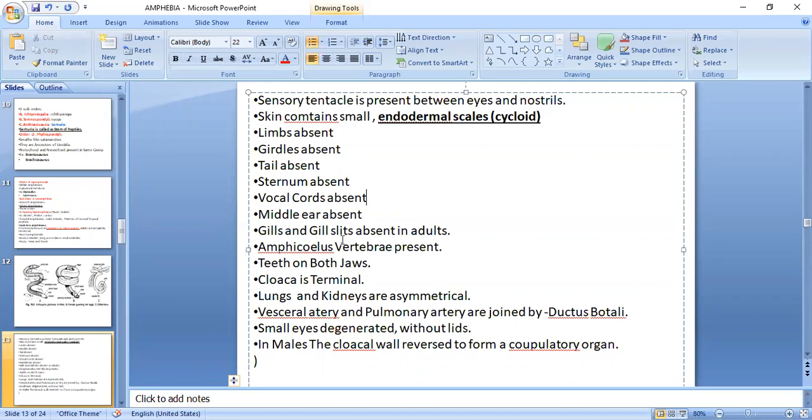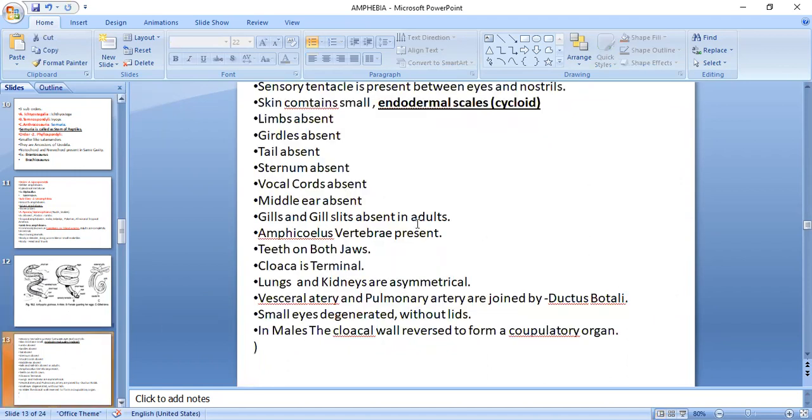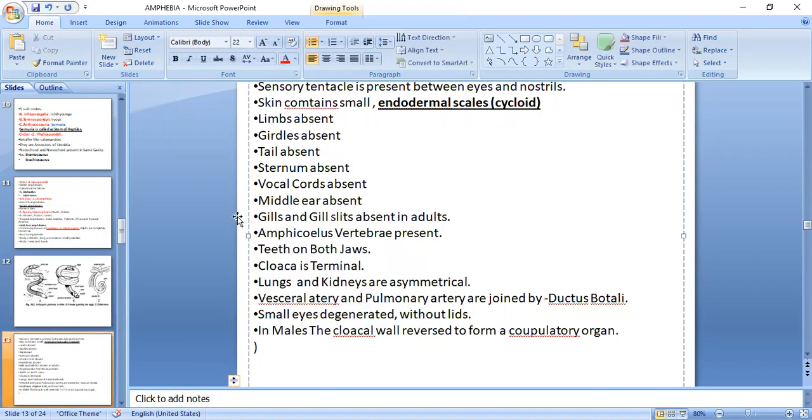Okay, gills absent in adults. Adults లో gills ఉండవు, but larva contains external gills. Okay, and the vertebrae is of amphicoelous type. So I explained it yesterday.